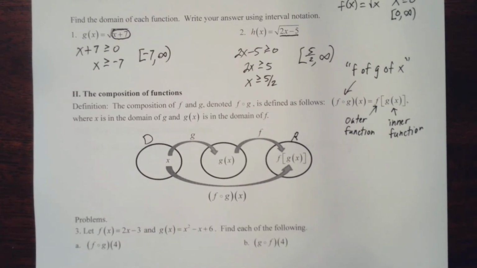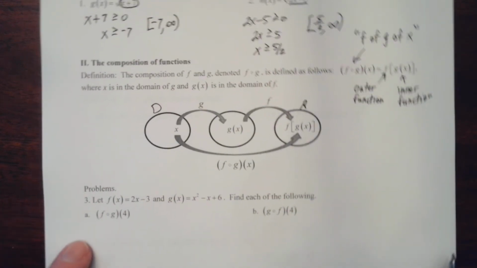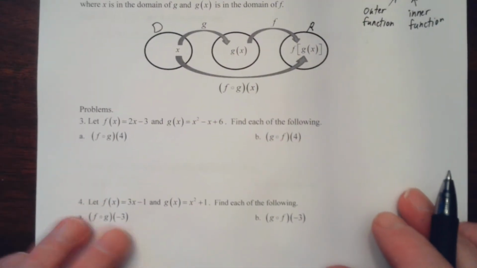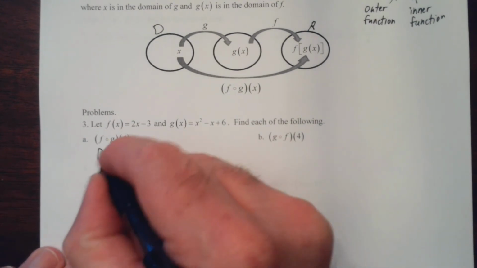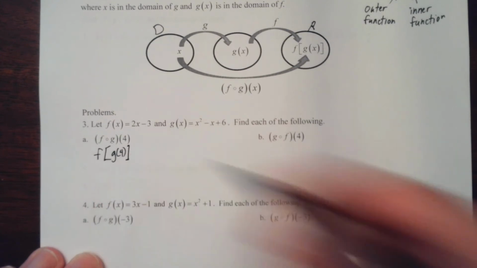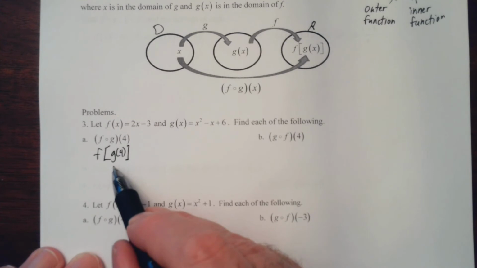All right, so let's go ahead and do number 3a here. The way we read this is f of g of 4. But we know how to find g of 4.